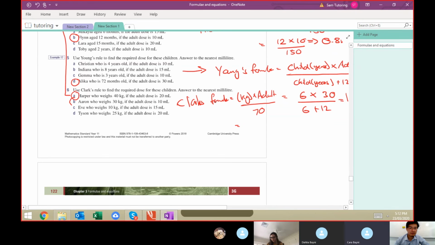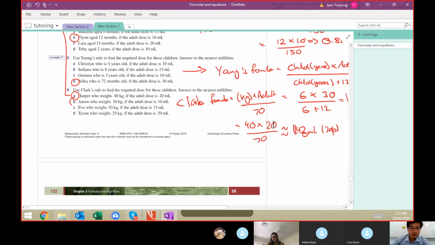Okay, so kilograms. What's the weight? It's 40 kilograms, multiplied by the adult dosage, which is 20 mils, all over 70. 40 times 20 by 70. Not a nice number, but it's still a valid answer. 11.43 mils, 2 dp. Easy stuff.